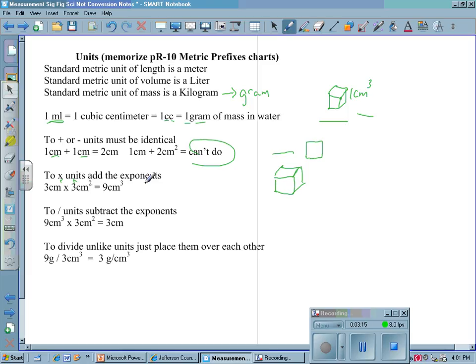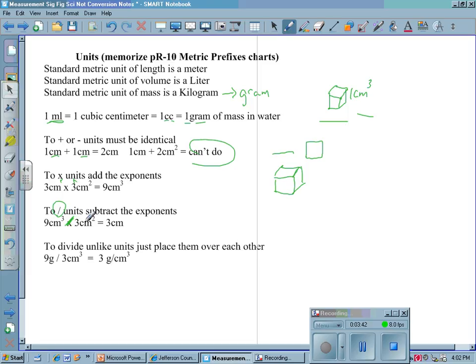Now when you divide units, you simply subtract the exponents. So if I had 9 cubic centimeters and I divided it by 3, it's supposed to be a division sign there, everybody. I divided it by 3 square centimeters. 9 divided by 3 is 3.